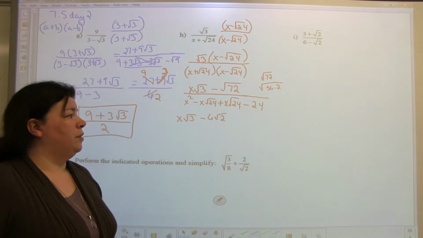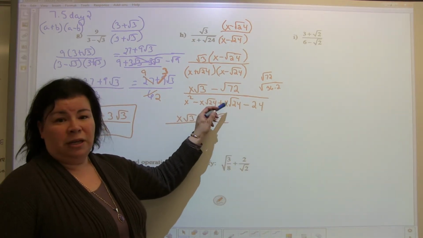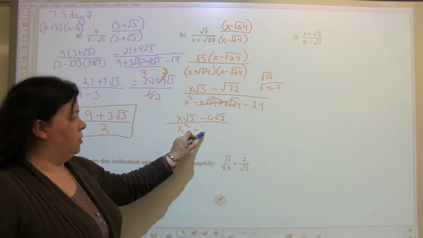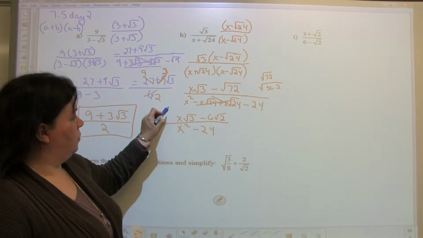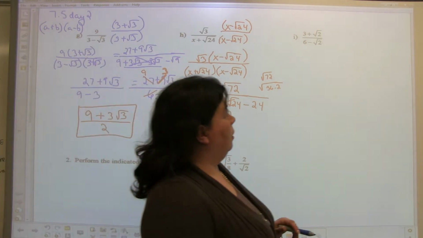That's what we get for the square root of 72. All over. Now if you look, we have like terms and they just cancel each other out. So we're going to be left with x squared minus 24. And that's as far as we can go. So this is our final answer. Okay.